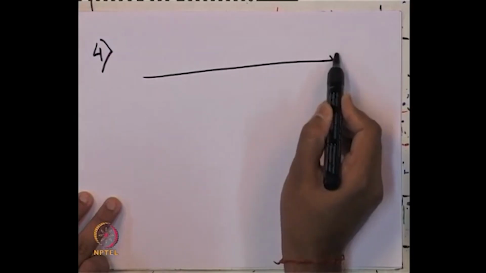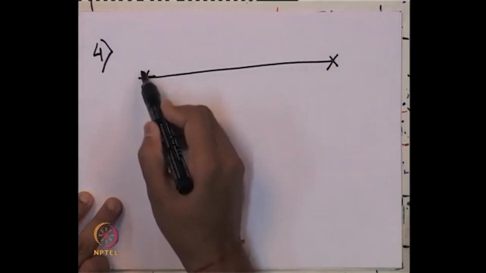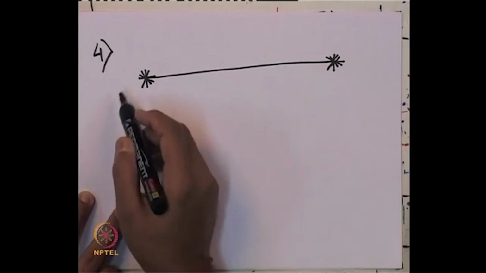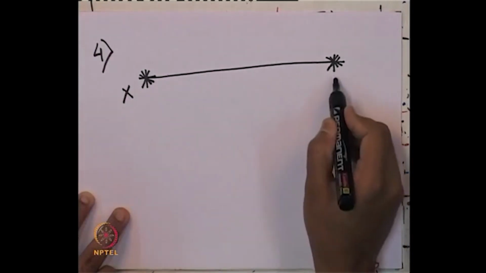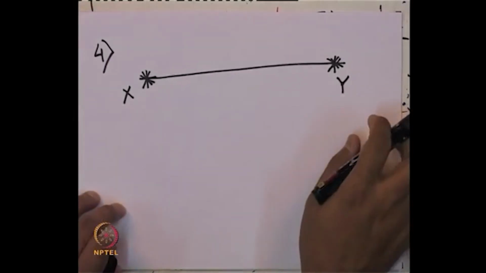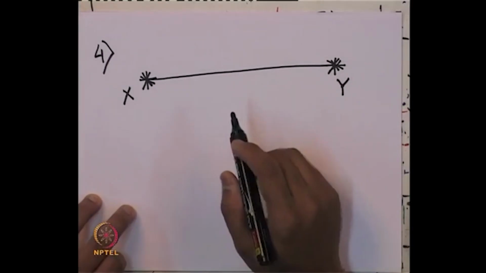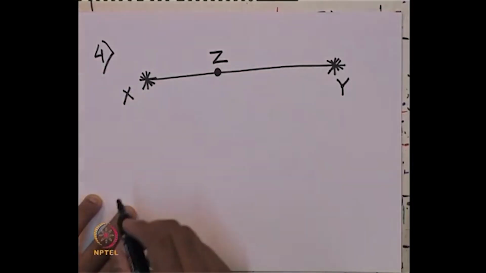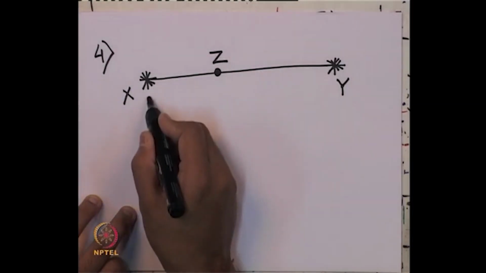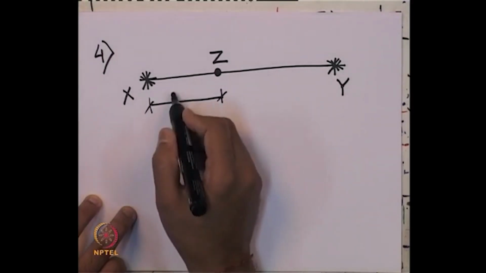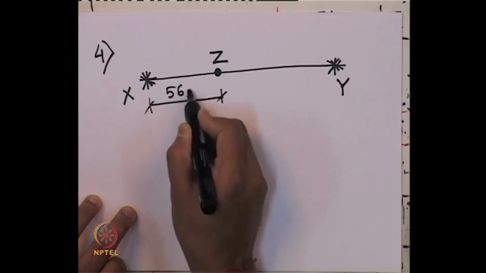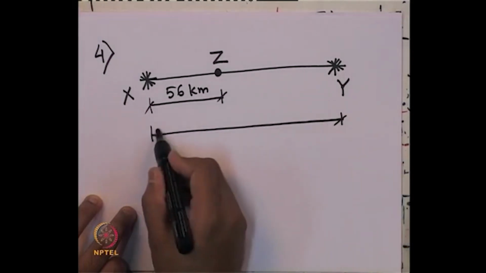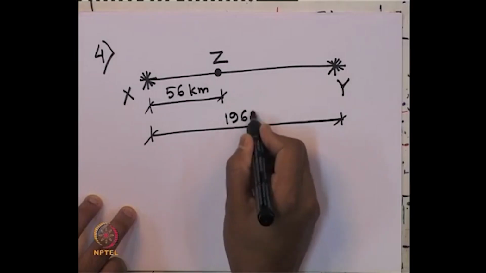It is said on level ground, line joining these two stations, let us say this is station X, this is station Y, seismographic stations where the seismographs are available, and on this line the location of the epicenter is Z. The distance from X to Z is given as 56 kilometers, and the distance between these two seismographic stations is also given, 196 kilometers.